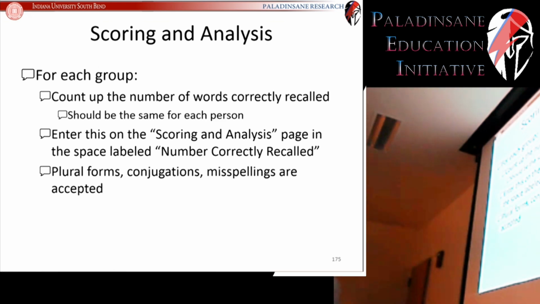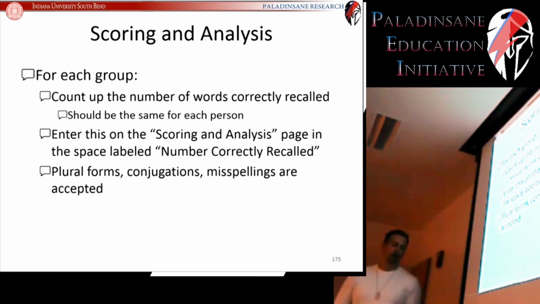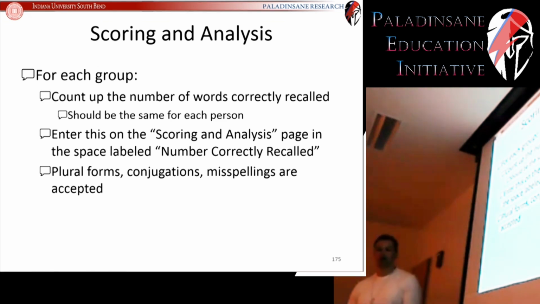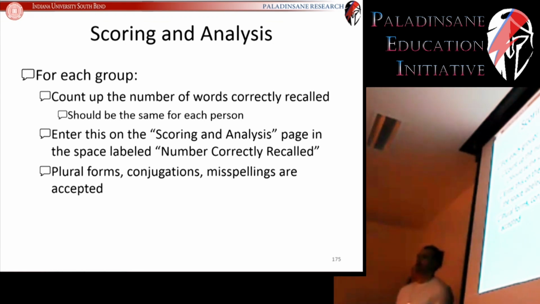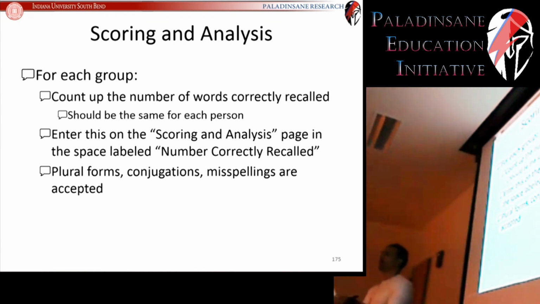So for this, plural forms, conjugations, misspellings are accepted as correct. So if the word was bed and you wrote beds, that's fine. If the word was mountain and you misspelled mountain, that's fine. Conjugations, if the word was rock and you put rocking, that's fine as well.